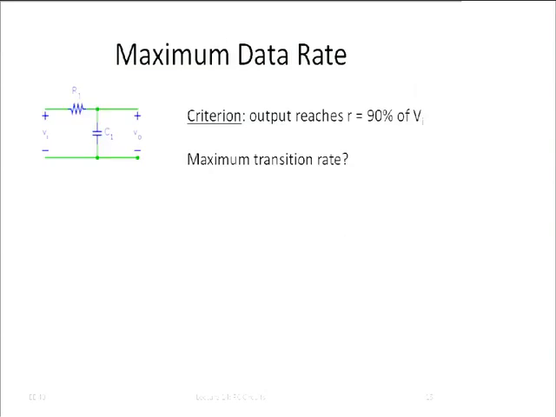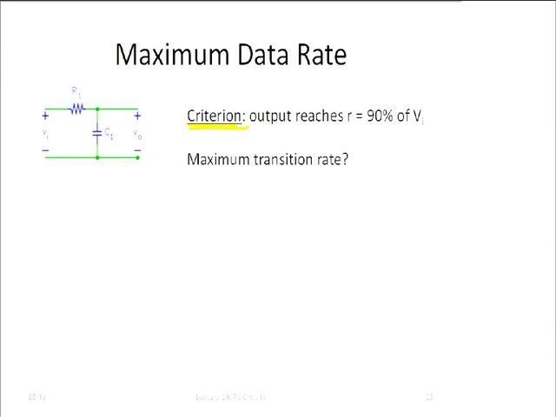So then, what we basically are saying is that, let's say again that we have a transition, could be from 0 to 1, or it could be from 1 to 0. It turns out they're totally symmetrical, so it doesn't really matter. But if this is 100%, we want to go to at least 90%.